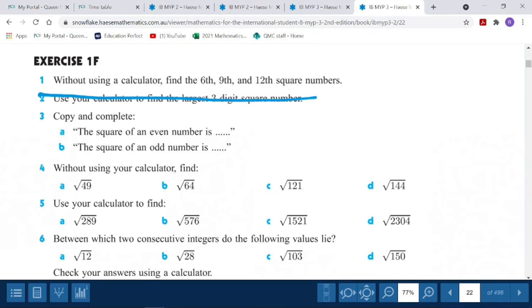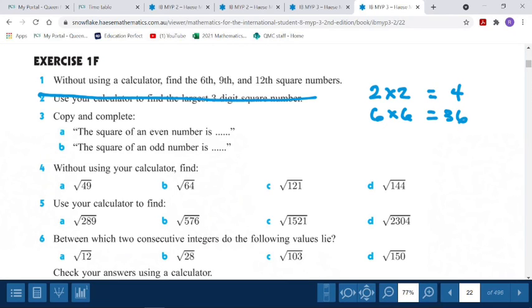So look at number 3. This is really interesting and something you need to know because it builds a pattern and allows you to think of things as you move on without worrying about the numbers. The square of an even number. So an even number like 2, right? What's 2 times 2? 4. What's 6 times 6? What do you notice here?